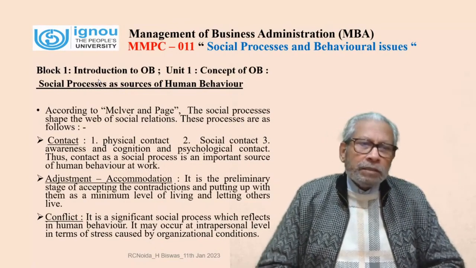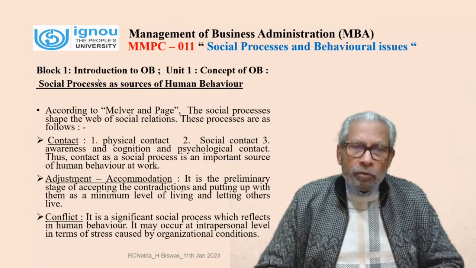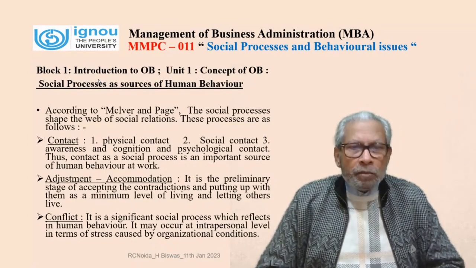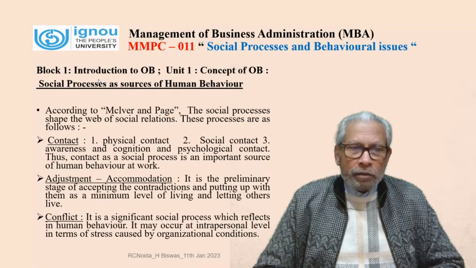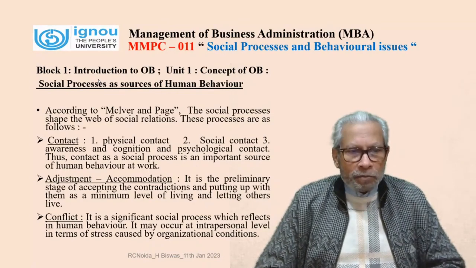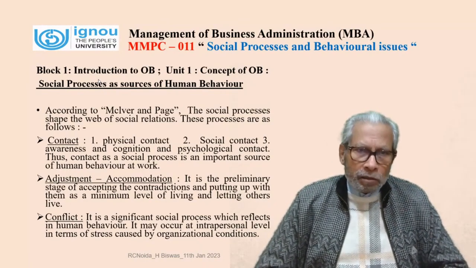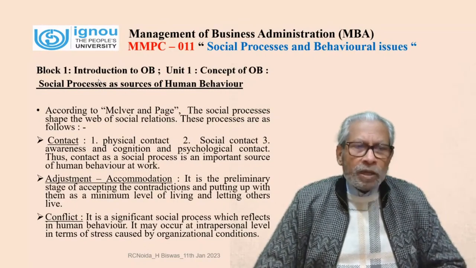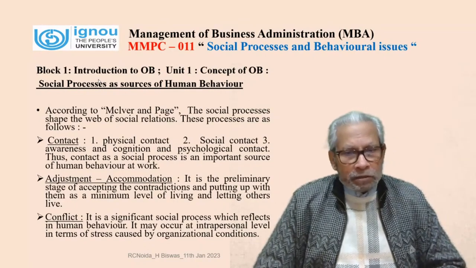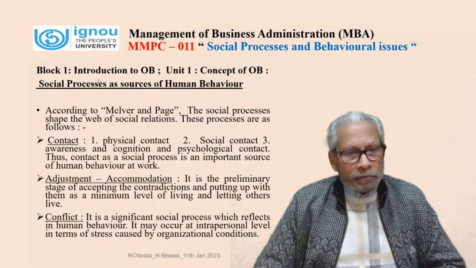The different stages are there. Then slowly they have to meet the minimum things required for living purposes. Conflict is also an important thing as a part of the process, because it is a significant social process which reflects in human behavior.